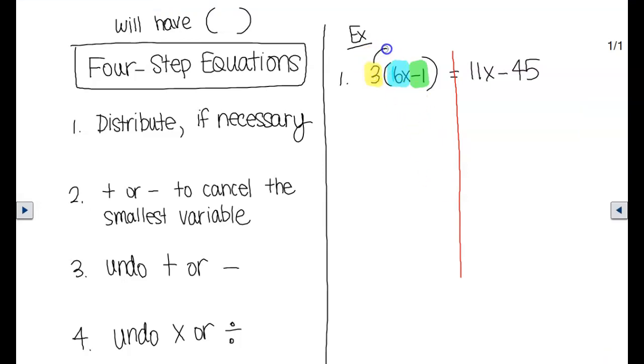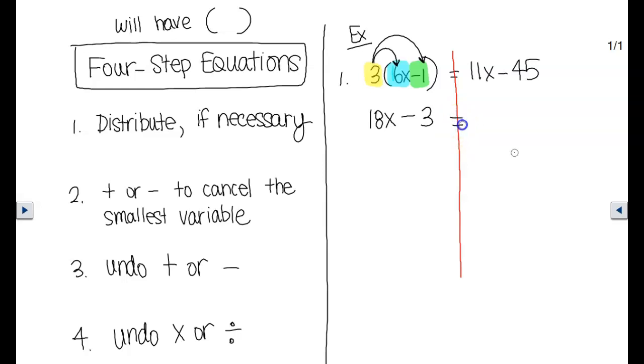So first I'm going to do 3 times 6x. 3 times 6 is 18. Reattach your x. And now we're going to do 3 times negative 1, which is negative 3. So I put minus 3. So when I distribute, I end up with 18x minus 3.